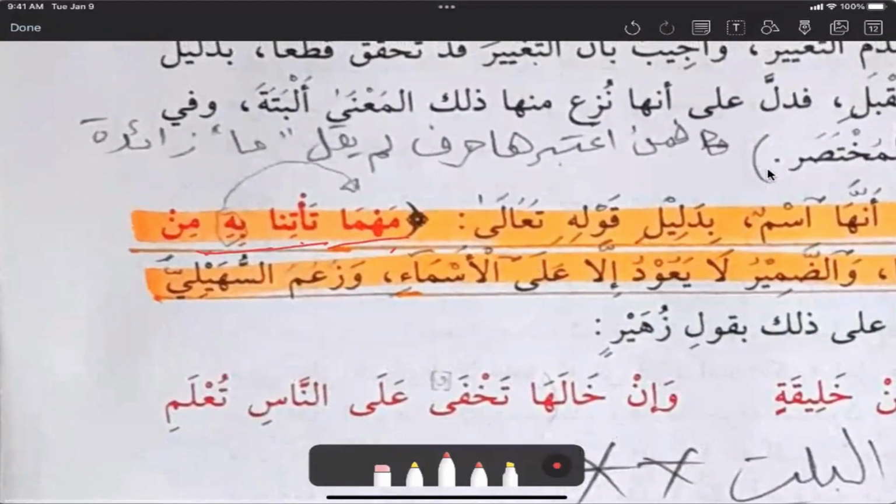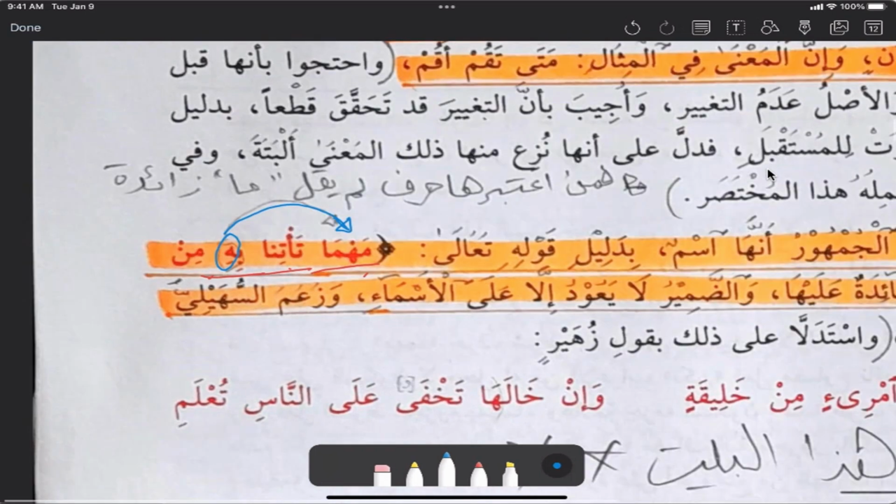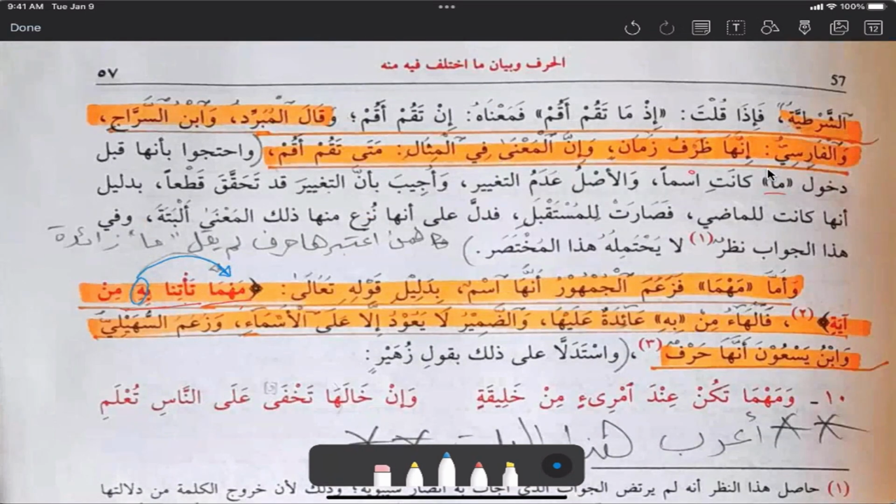this ha that we have circled here already, which is the pronoun, the damir, what does it refer to? It's the whatever. The "it" is the "whatever." Whatever you come to us with of a sign, then to us it's just magic. So they said, فَالْهَاءُ مِنْ بِهِ عَائِدَةٌ عَلَيْهَا.